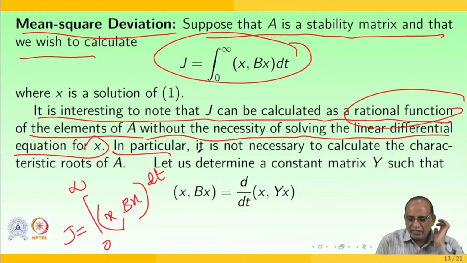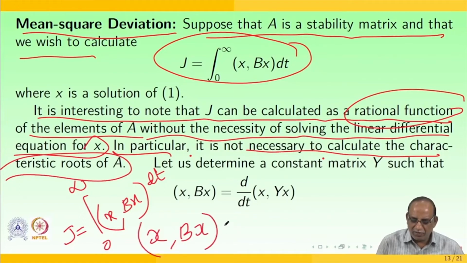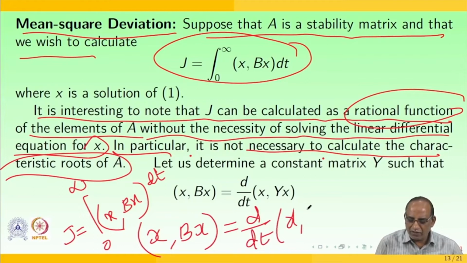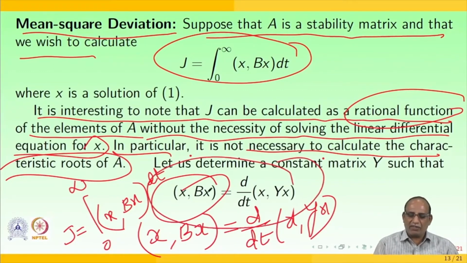In particular, it is not necessary to calculate the characteristic roots of A. So we will have (x, Bx) equivalent to d/dt of (x, Yx), the inner product, and we can determine this matrix Y such that this would happen.